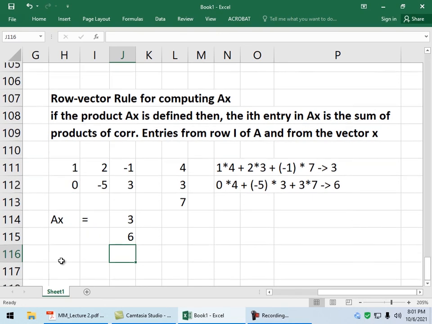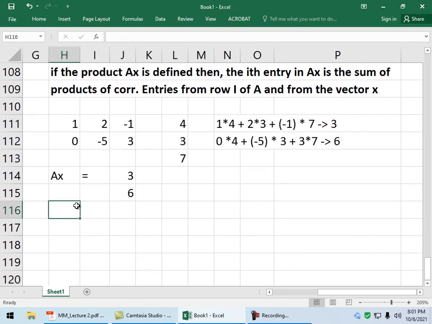Please compute: matrix 2, 8, minus 5, minus 3, 0, 2, and the vector is 4, 7. Matrix and vector.